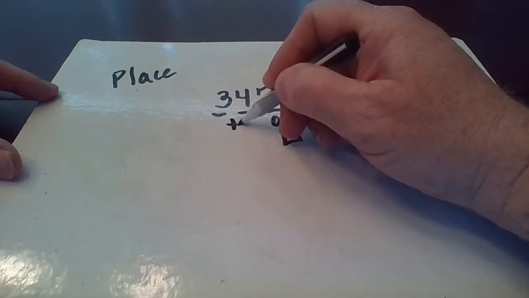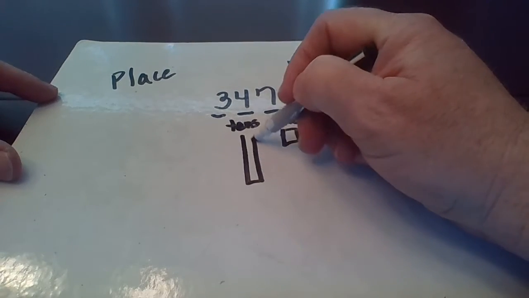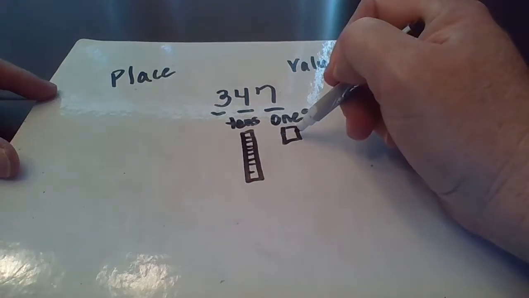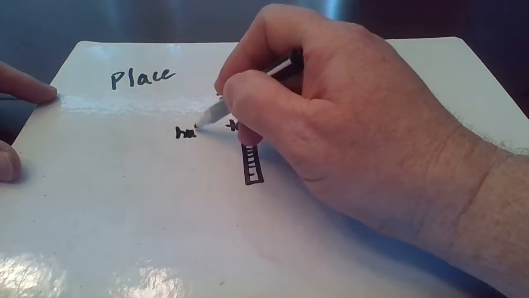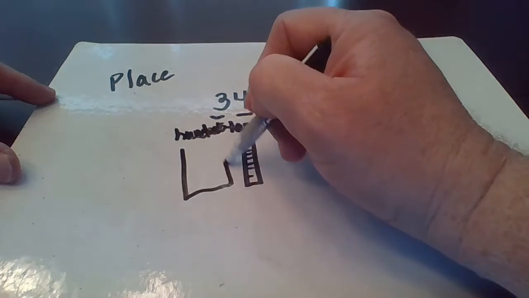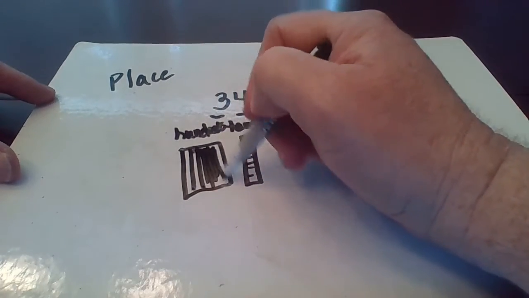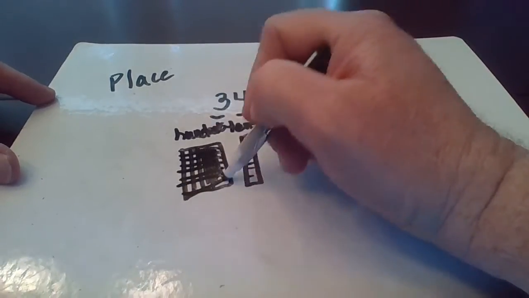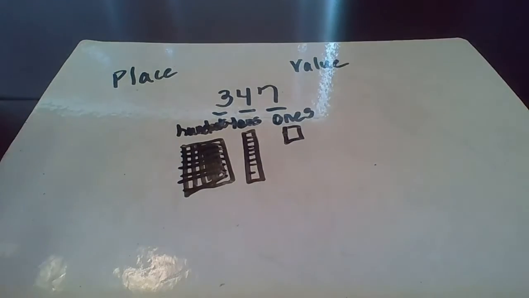This is the tens block, the tens place, and those are shown with the rod, which has 10 of these. Then we have the hundreds place, and that's the flat or square that has 1, 2, 3, 4, 5, 6, 7, 8, 9, 10. I'm sorry, it's really hard to do it that way, but there are 100 units or 10 tens in there.